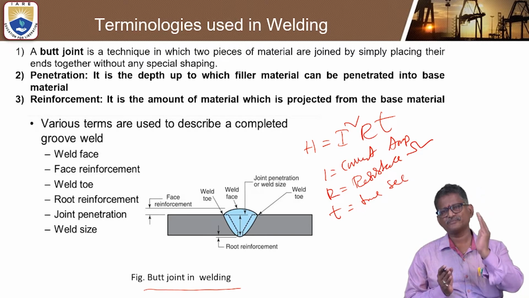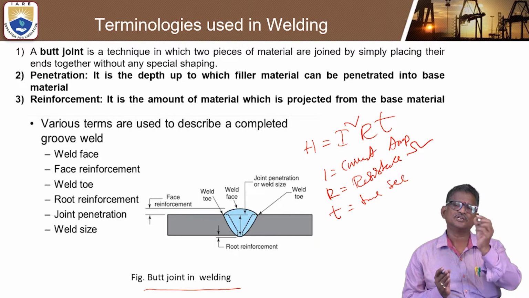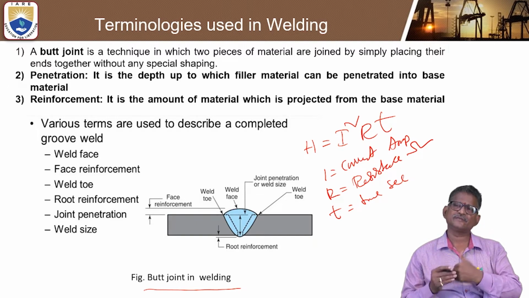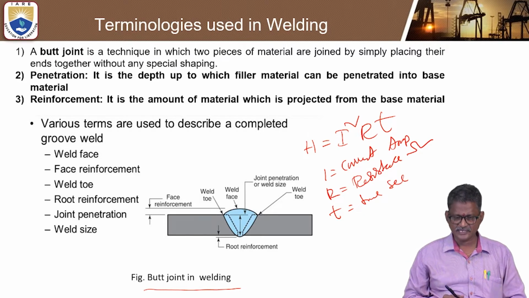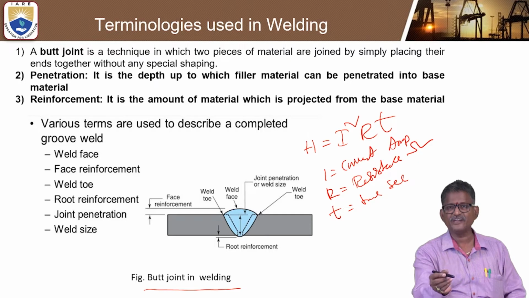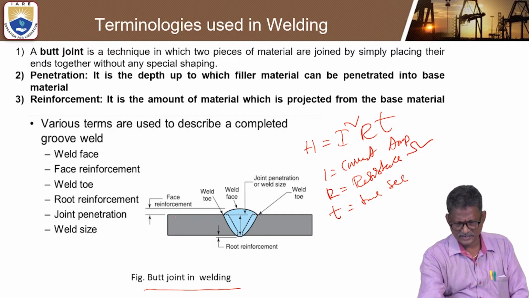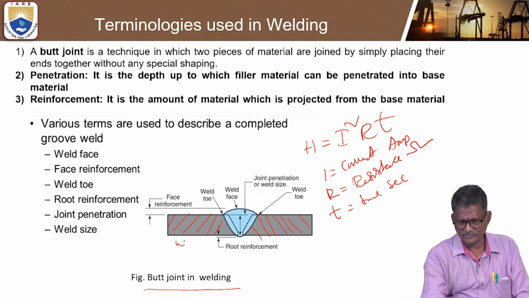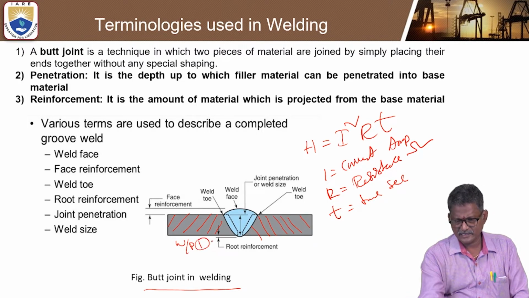Again, resistance welding can be divided into spot welding, butt welding, projection welding, percussion welding, seam welding, etc. And here let us see what is meant by a weld face. You can see on the left side one workpiece, and on the right side another workpiece. This is workpiece 1 and this is workpiece 2.